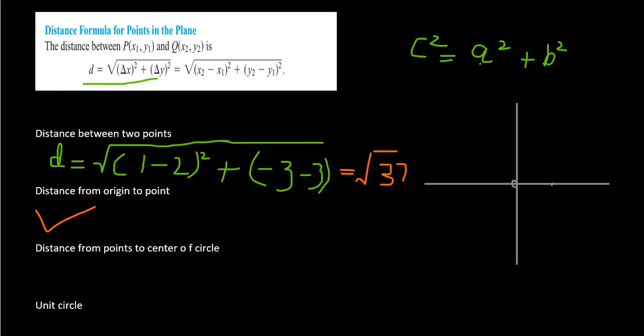Here lies our origin and here lies our point. Suppose it is as A. Similarly take the points as P and Q. And origin will have points as 0 and 0 as both x coordinate and y coordinate.